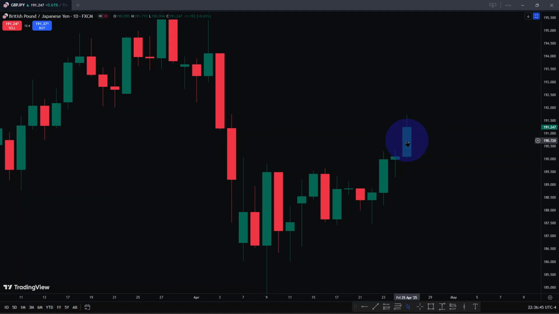And usually, what we learned in the beginning was the Asian session is likely to make a consolidation. Okay, London session is likely to manipulate.